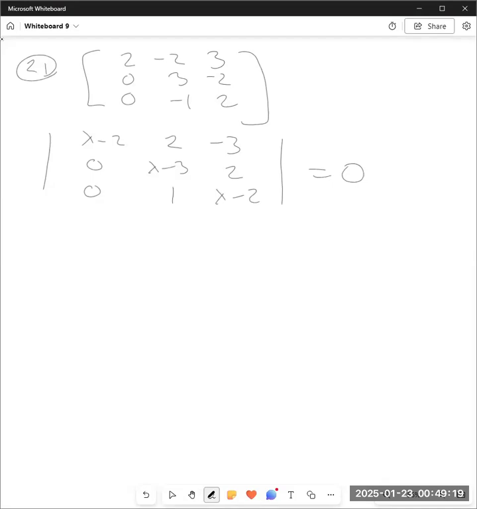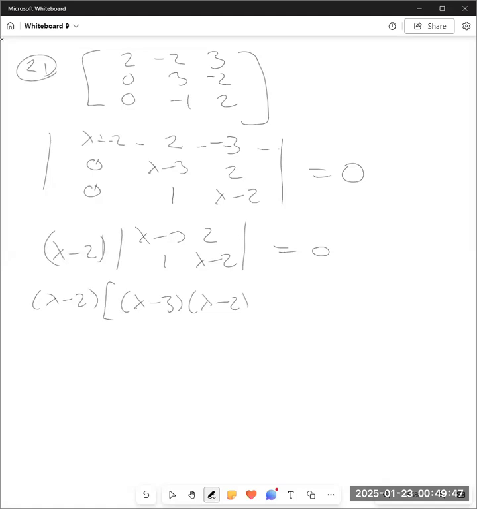Expanding on column 1 here, lambda minus 2, and then determinant of lambda minus 3, 2, 1, lambda minus 2. Why did I choose that? Because there's 2 zeros there. So that makes my life easiest. Lambda minus 2 times lambda minus 3, lambda minus 2 minus 2.